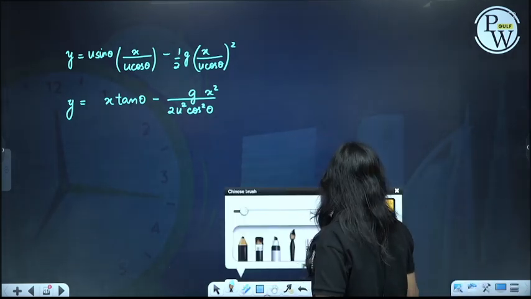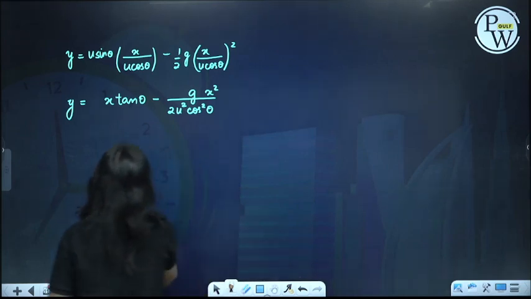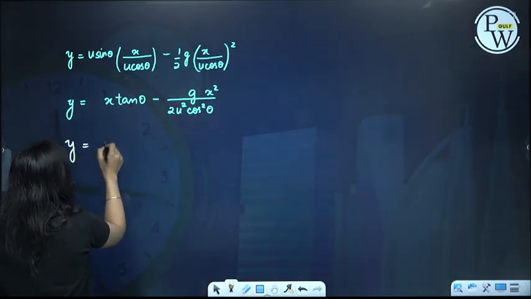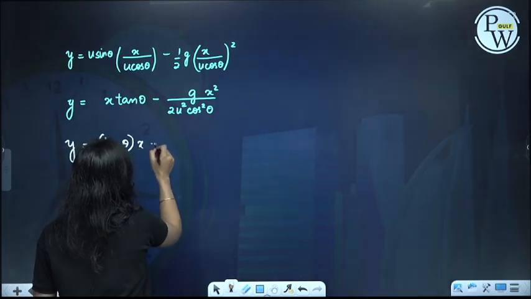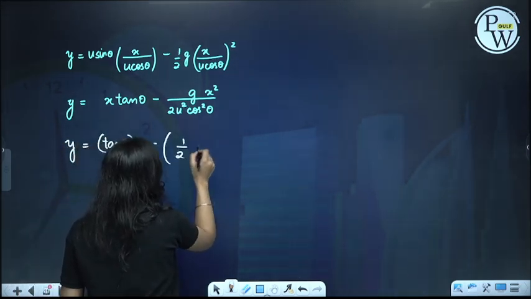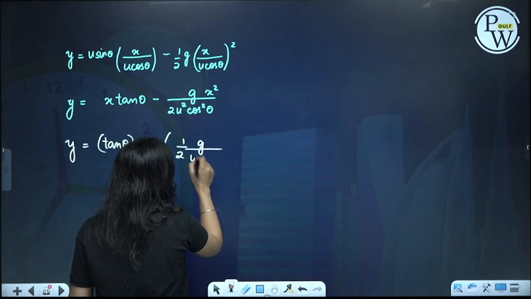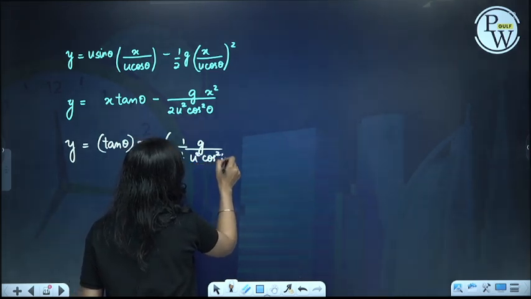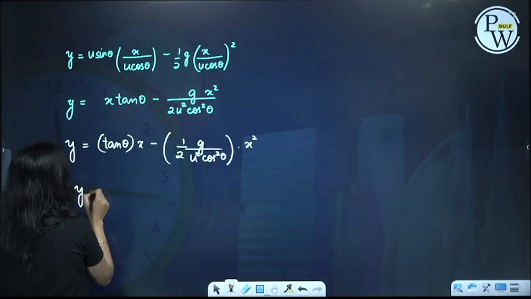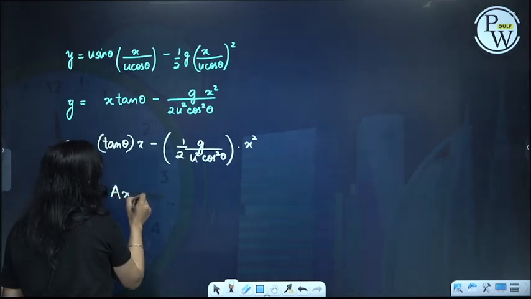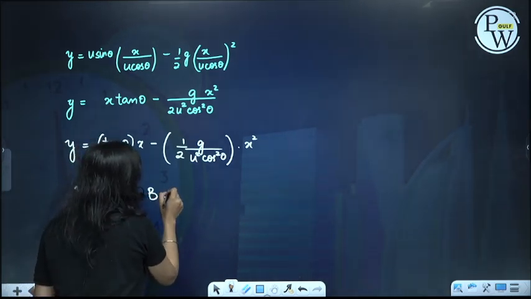Now if we rearrange this and write it in a better form: y is equal to tan theta into x minus g divided by 2 u square cos square theta into x square. Now write it as y is equal to ax minus bx square.